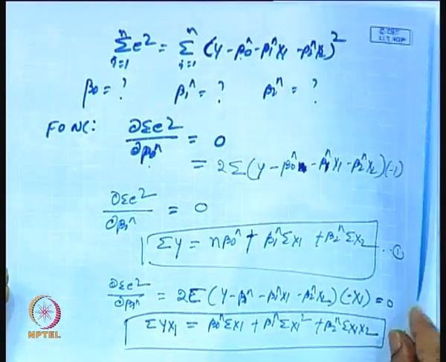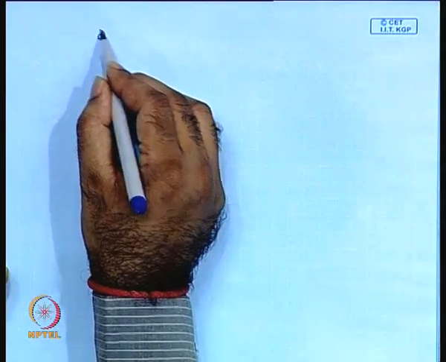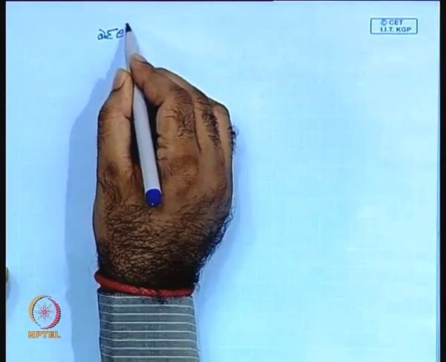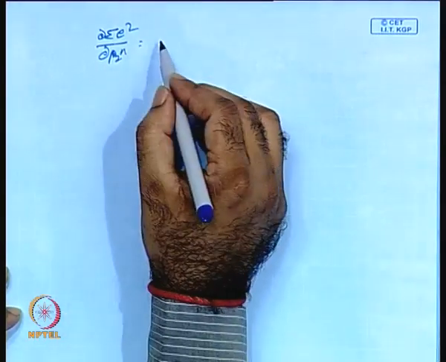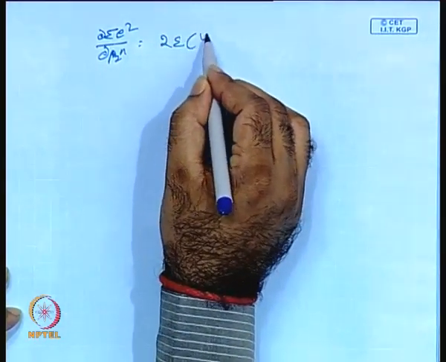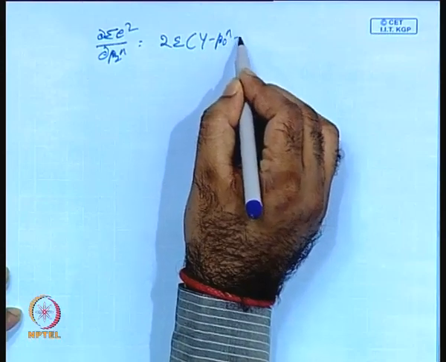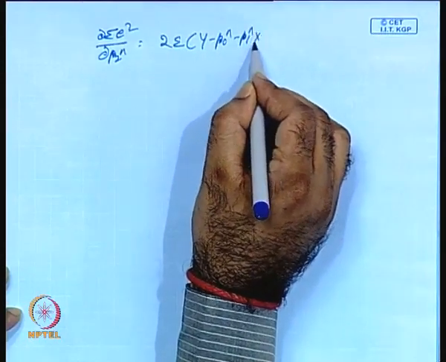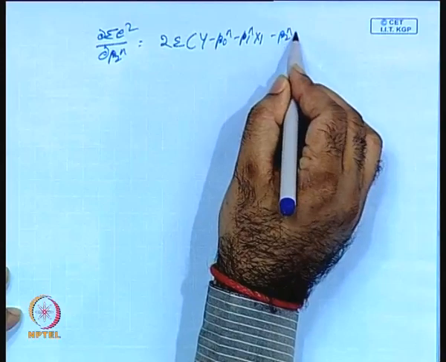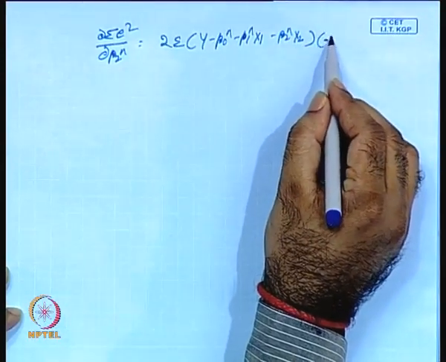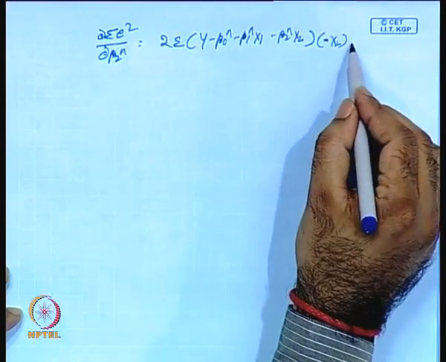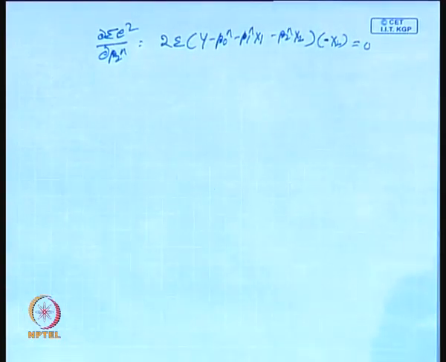Now we differentiate with respect to beta 2 hat. That means d summation e squared by d beta 2 hat is equal to 2 summation of y minus beta 0 hat minus beta 1 hat x1 minus beta 2 hat x2, into minus x2, which is equal to 0. This is the third equation.